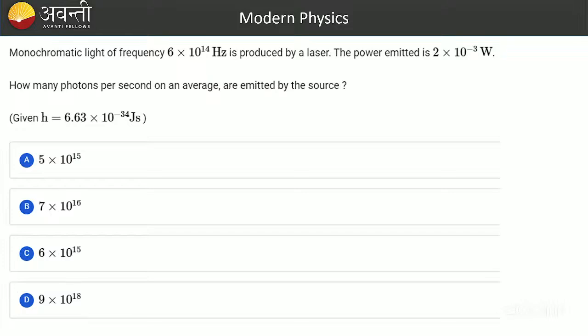So here we are given the frequency, which is 6 into 10 raised to the power 14 hertz, and the power emitted is 2 into 10 raised to the power minus 3 watt. And we have to calculate how many photons per second on an average are emitted by the source.